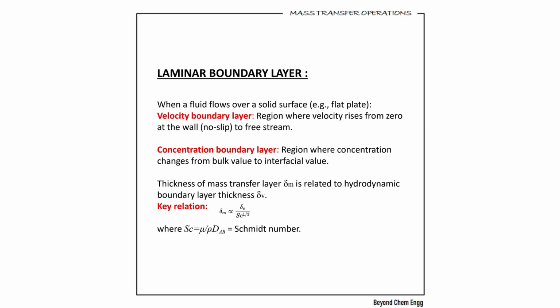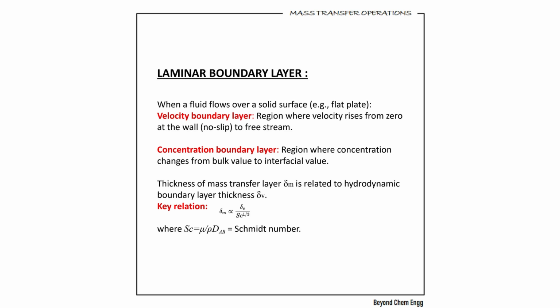Laminar boundary layer. When a fluid flows over a solid surface, for example a flat plate, there is a velocity boundary layer, which means the region where velocity rises from zero at the wall, no slip, to the free stream. The concentration boundary layer means the region where concentration changes from the bulk value to the interfacial value.